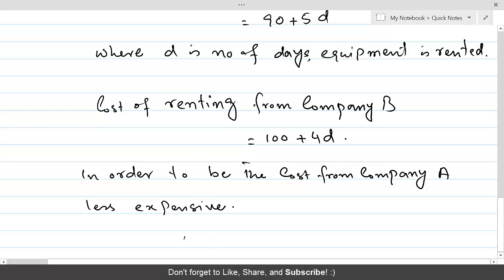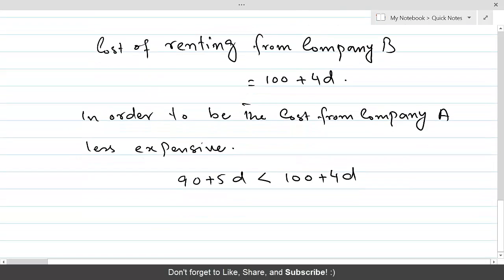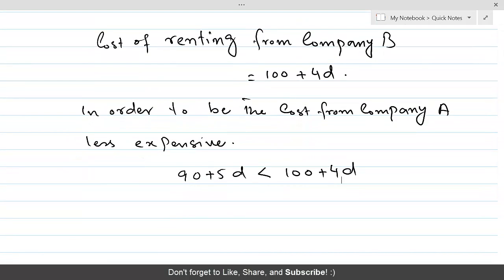This means that 90 plus 5D is less than 100 plus 4D. What this means is that we want to find out the number of days for which the cost of renting from company A is less. Therefore, we place the cost from A less than the cost from company B. Let's solve this inequality and we will find the number of days.